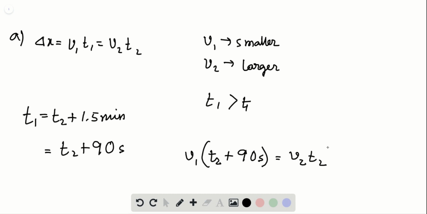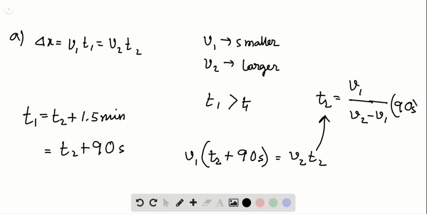So from there, we can solve for t2, and we see that t2 is equal to v1 by v2 minus v1 times 90 seconds.